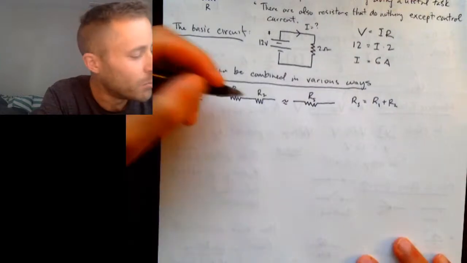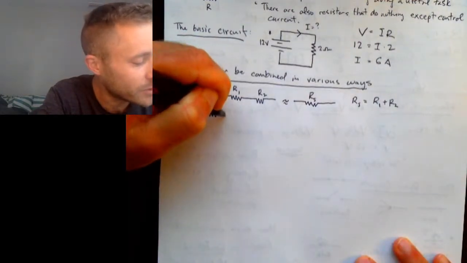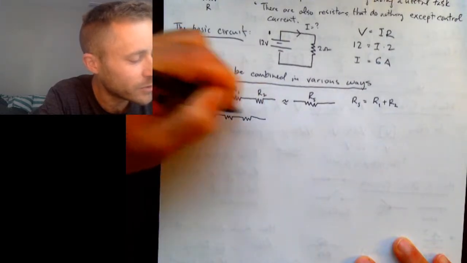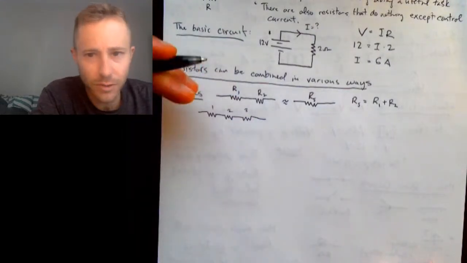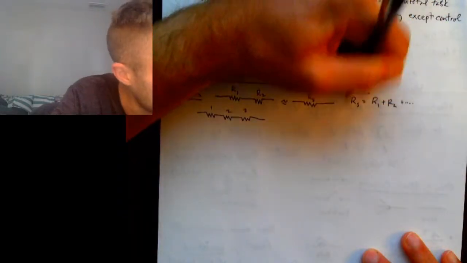And you could have multiple resistors in series. You could have 3 resistors in series, like this, or any number of resistors in series. However many you have in series, you just add up the resistances.